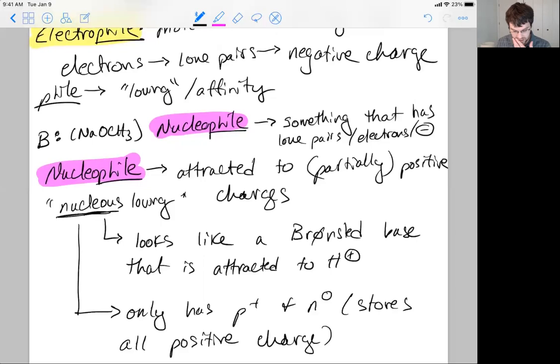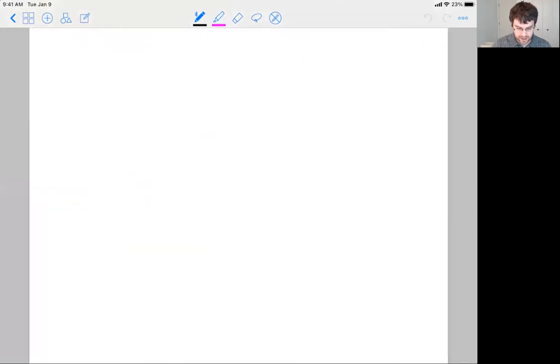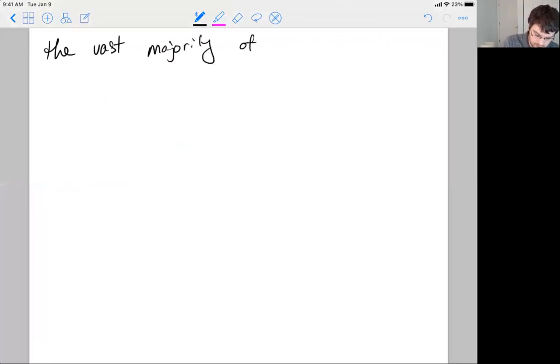They're not really a big deal, but let's just take a second to reflect on the fact that the vast majority of organic reactions involve nucleophiles adding to electrophiles.